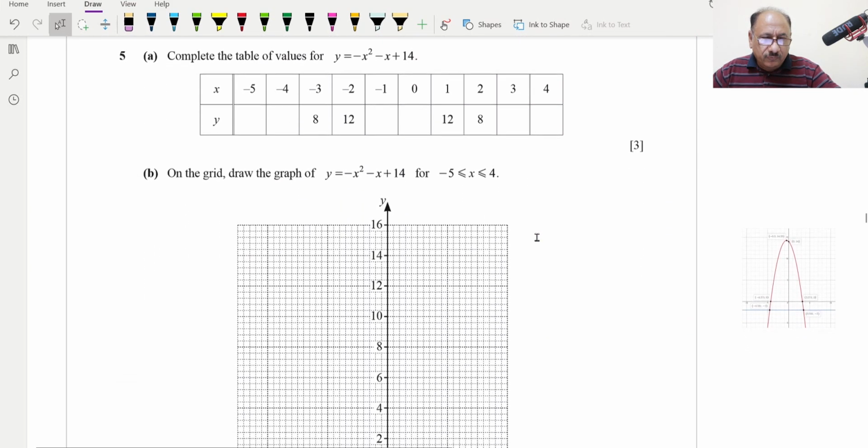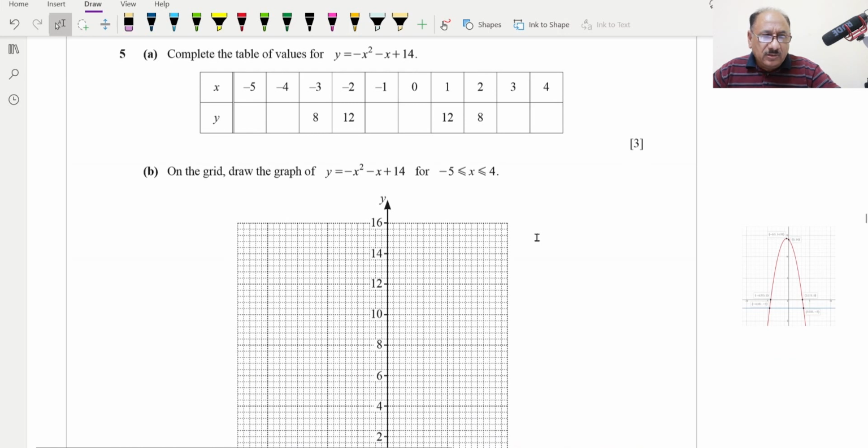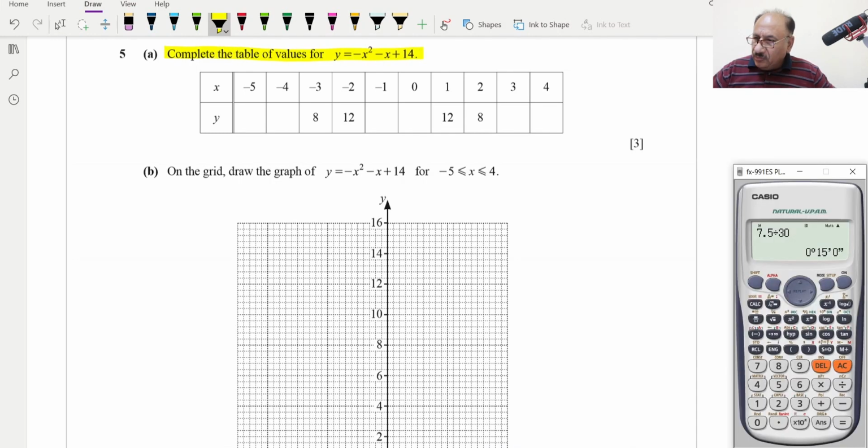Now we can move to question number 5. Question number 5 says: complete the table of values for y equal to this. We will type our equation into the calculator, and minus x squared is the easiest way to do this.